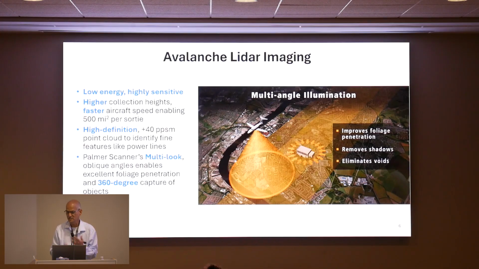In the same concept, using this sensor, you do your two passes and there will be multiple views. That way, you can get a very clear view of the object. We call it a multi-look oblique angle, and it is a sort of 360-degree capture.